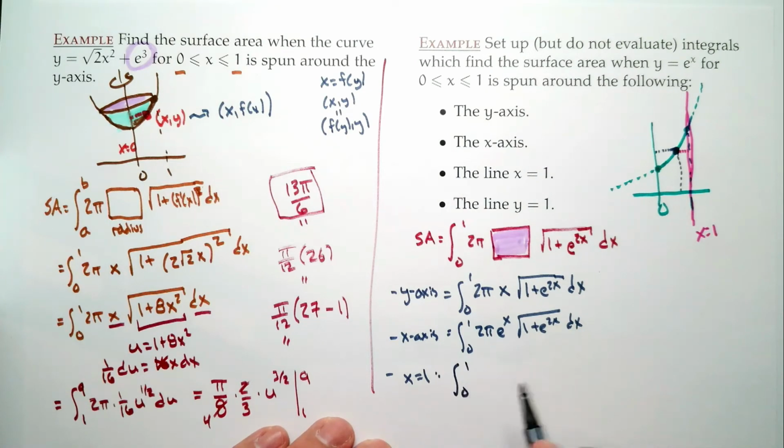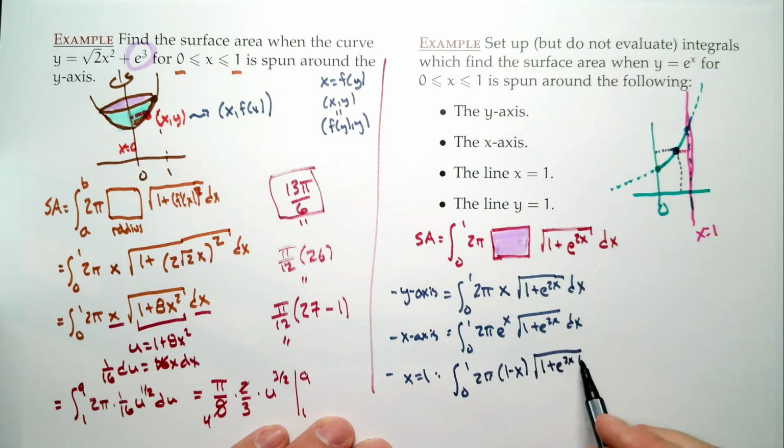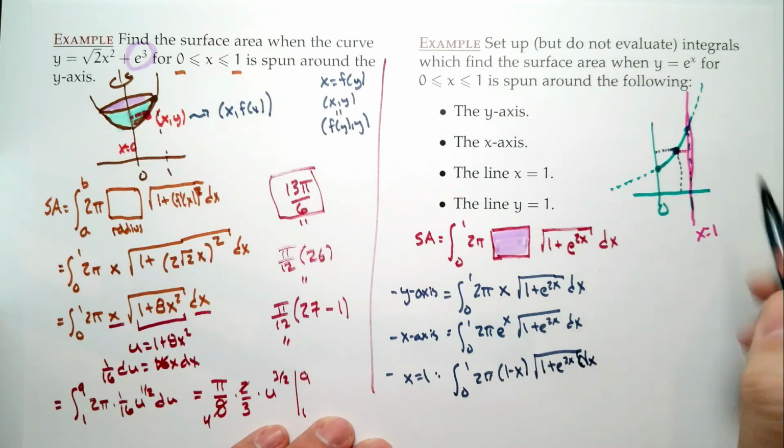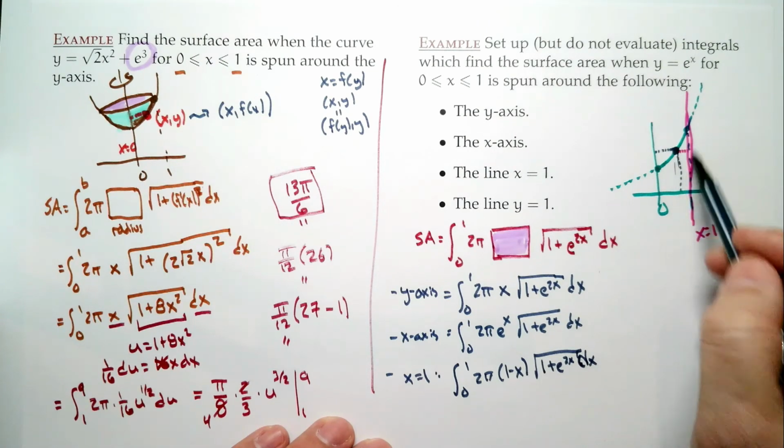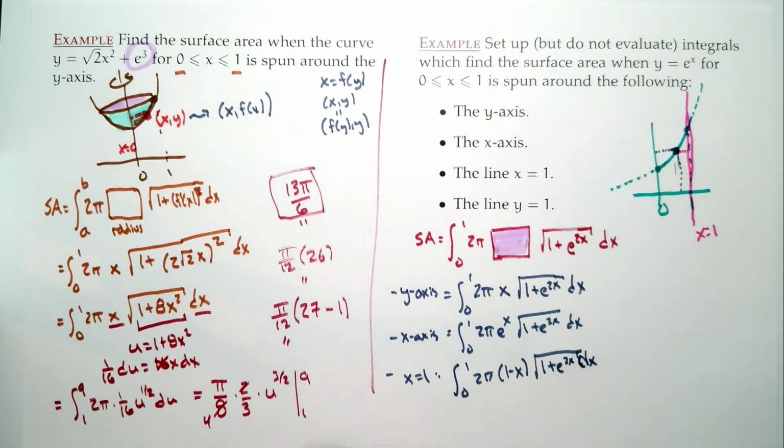It will be 1 minus x. Because here our x value is x, here our x value is 1, and the difference is 1 minus x. I want the positive, because I always want to think of radius as a positive value.